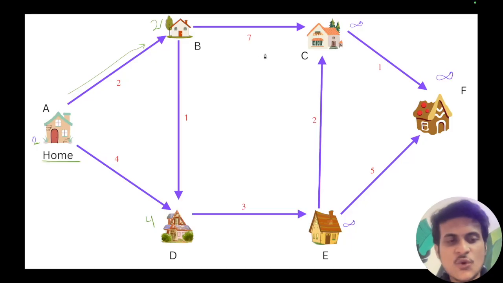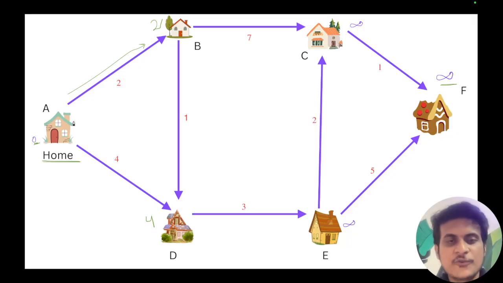Since there is no direct path from A to C, the value for C will be infinite. There is no direct distance from A to E, so infinite. And again, you cannot see a direct path from A to F, hence it is again infinite.